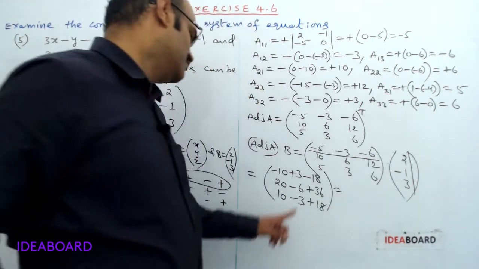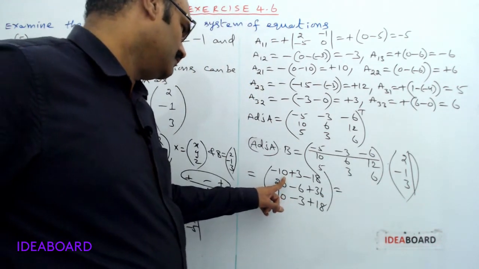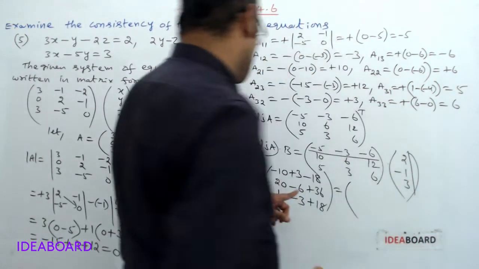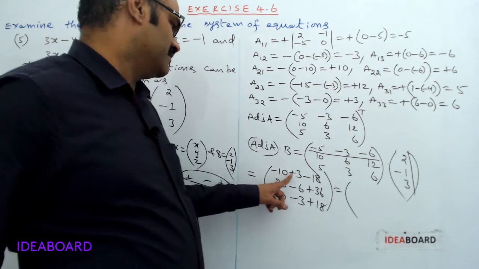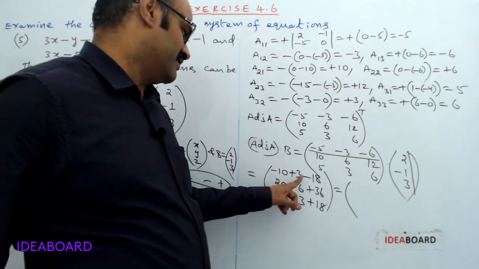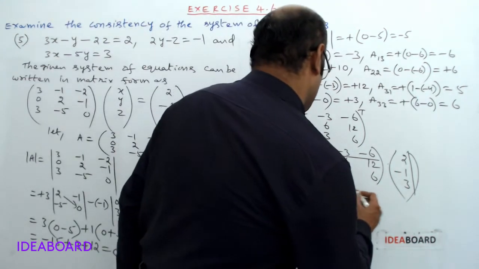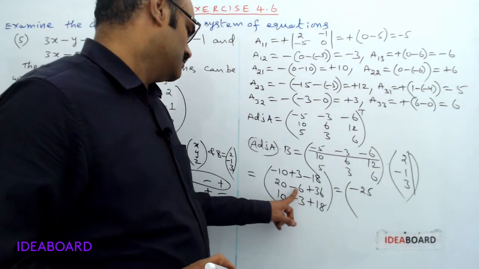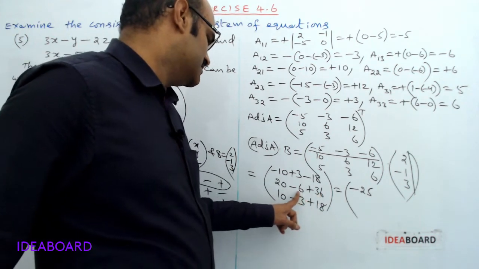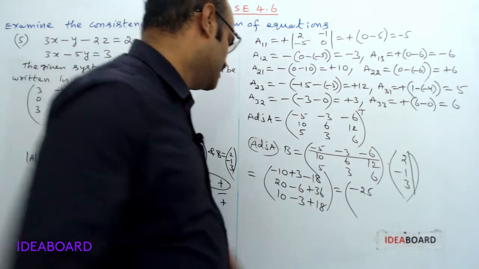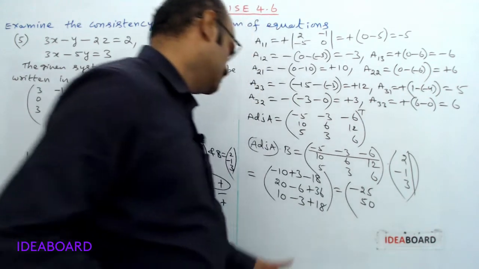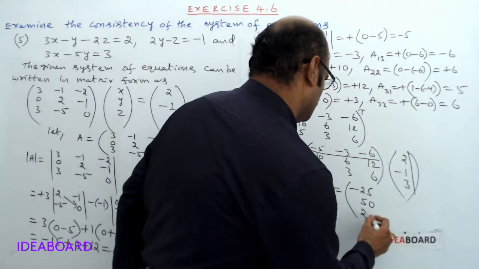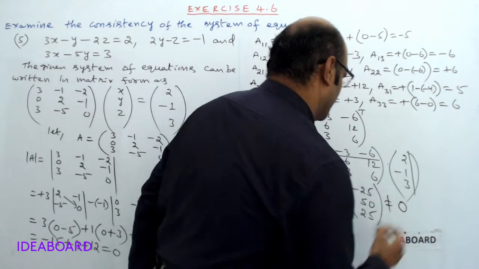So that is equal to minus 10 plus 3 is minus 7, minus 7 minus 18 is minus 25, 36 minus 6 plus 20 is 50, 10 minus 3 is 7, 7 plus 18 is 25, which is not equal to null matrix.